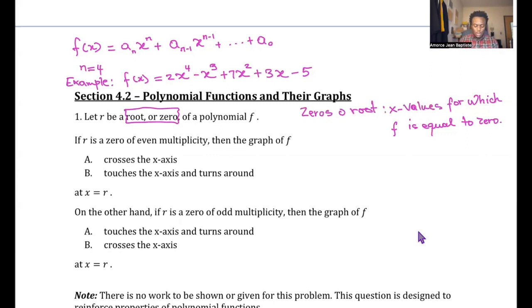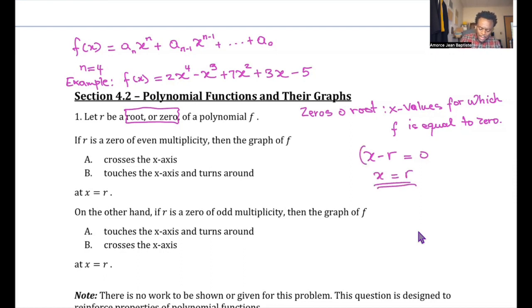Now, we can talk about the multiplicity of the 0. The multiplicity of the 0 is if you have a certain power of this factor. If you have a factor x minus r that equals 0, then x equals r will be a 0.